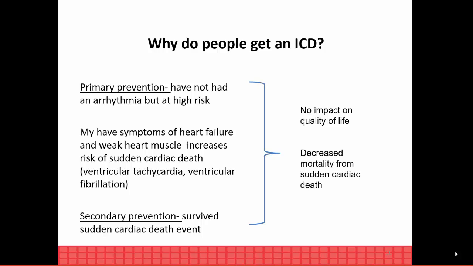As well, a secondary prevention patient, these patients have already had a sudden cardiac arrest and have been resuscitated, so they are considered secondary prevention. Just to note that when we implant a defibrillator, it doesn't affect quality of life as it will in a CRT or resynchronization therapy device, and we'll talk about that in a bit. But this is just mainly to prevent sudden cardiac death.